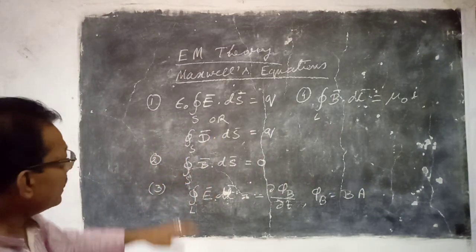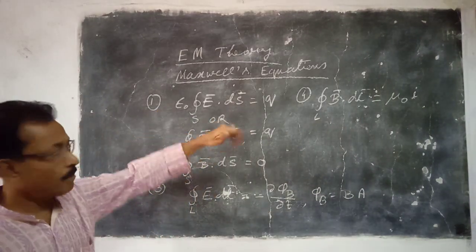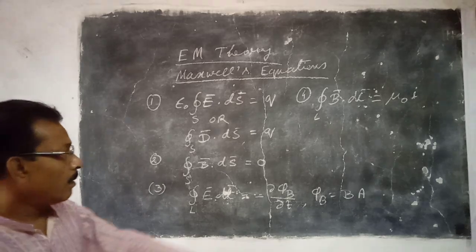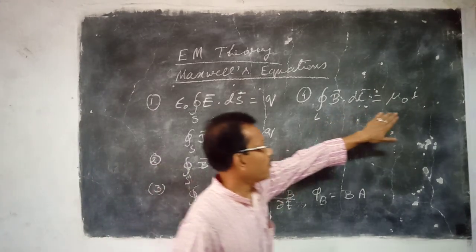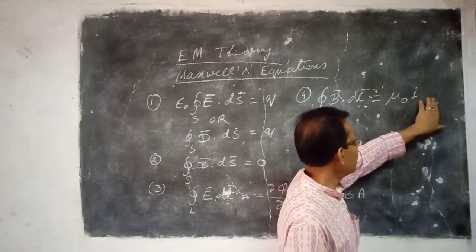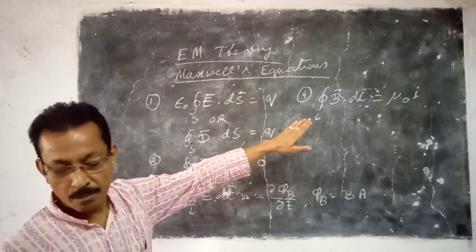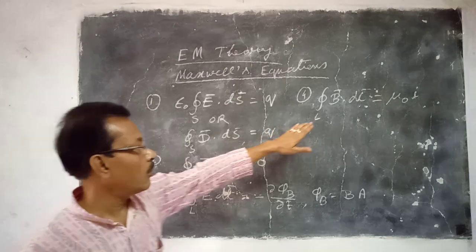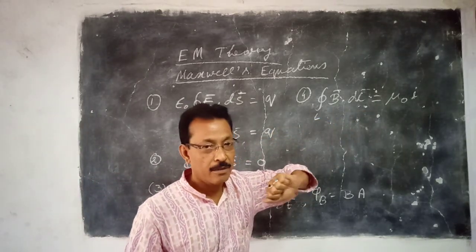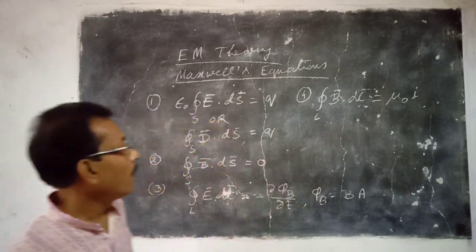Now these are called the integral forms of the Maxwell's equations. Although the proper form is not here, we have to modify this one. This Ampere's law needs modification, and we shall see later on what the modified term is.